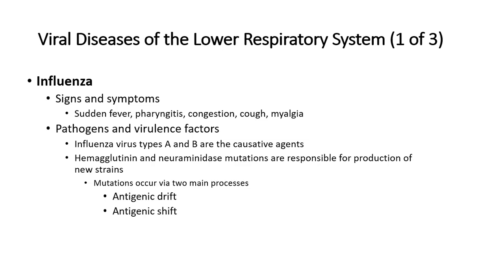Influenza. Most of you have had the flu at some point in time. It is full of virulence factors. Virus types A and B are usually the causative agents. And I showed you before, there are the enzymes neuraminidase and hemagglutinin.